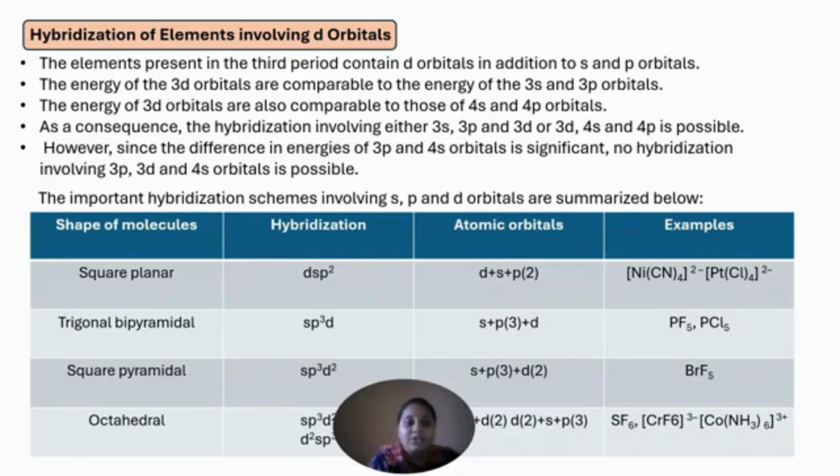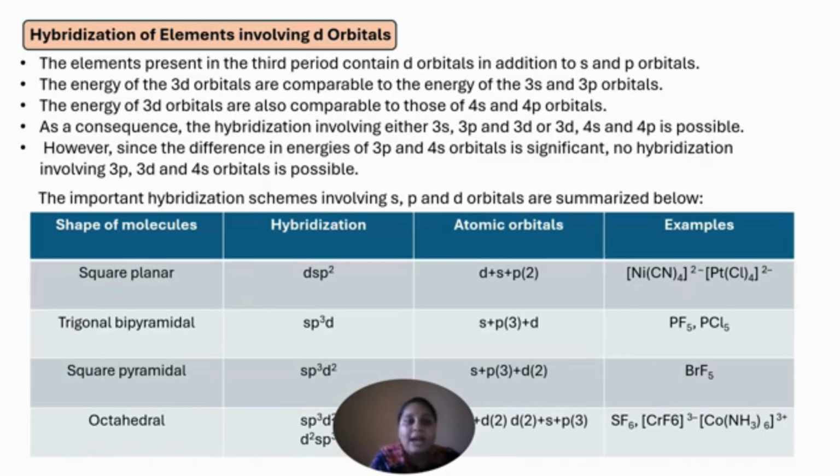Now hybridization of elements involving d orbitals. Here s, p and d, all these three types of orbitals combine together. The energy of the 3d orbital is more than that of 3s and 3p, and the energy of the 3d orbitals is also more than 4s and 4p.